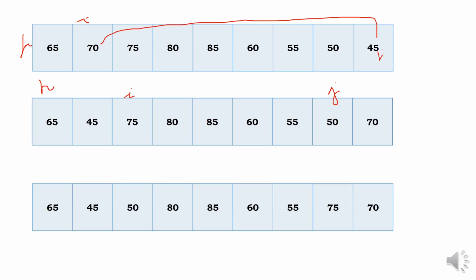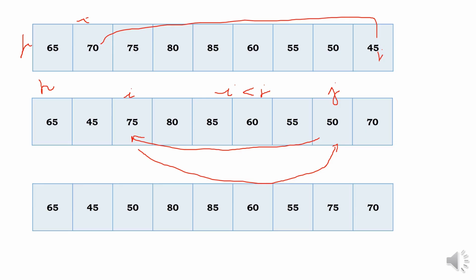So, the left to right scan: 75 is greater than 65. So, the scan stops here. When we compare 50 with 65, 50 is less than 65. So, the scan stops. When the scan has stopped, the observation is I is less than j. Because I is less than j, the ith element needs to be swapped with the jth element.